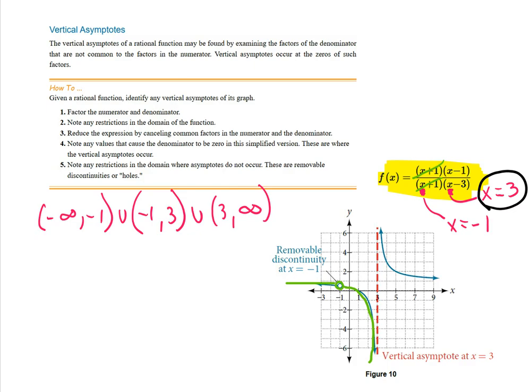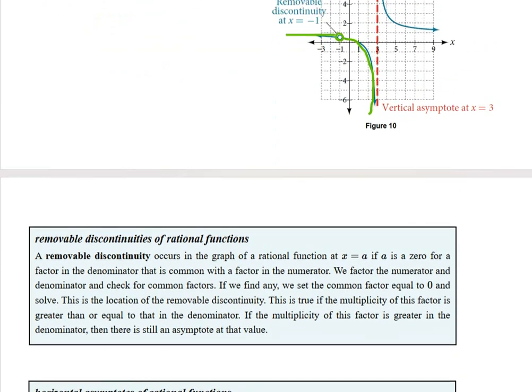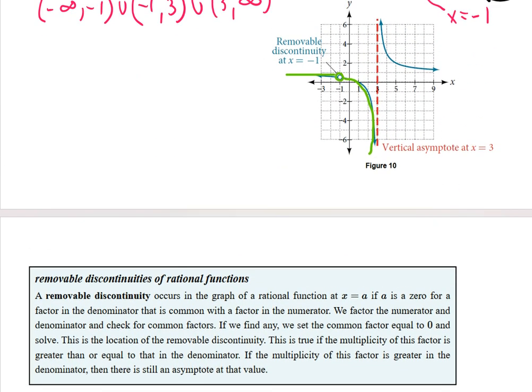When they talk about removable discontinuities of rational functions, a removable discontinuity occurs in the graph of a rational function at x equals some number a. In this case, it was -1.